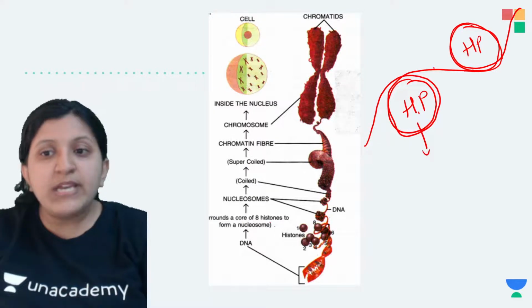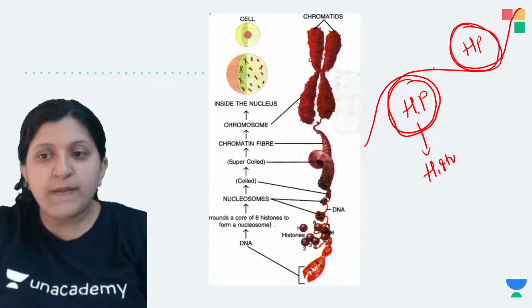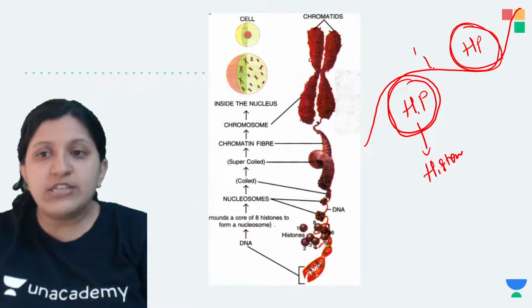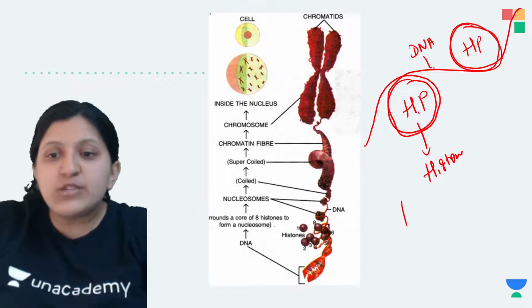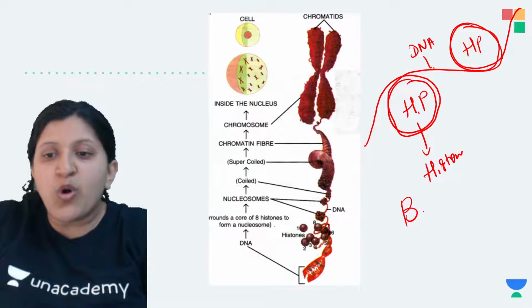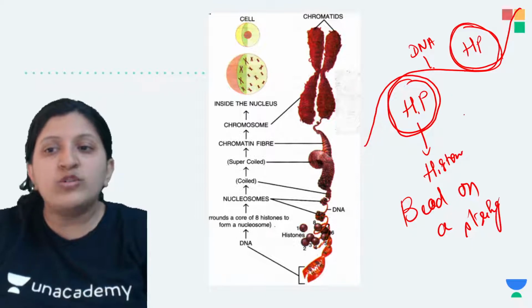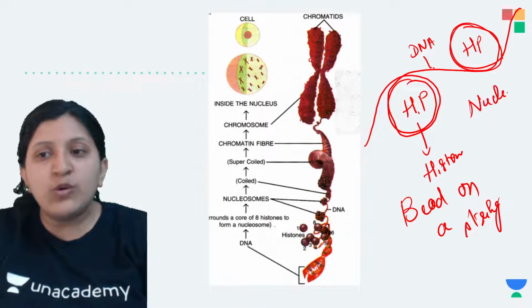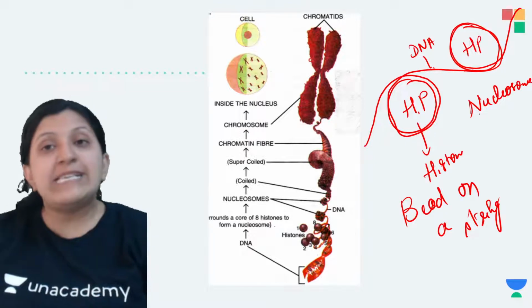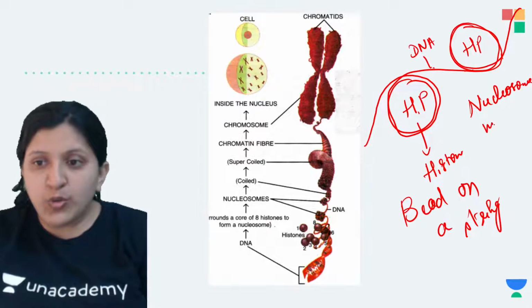This bead is actually the histone, and this one is the DNA which is coiled around it, and it is linking. This is also called the bead on a string model, or it can also be called a nucleosome model. In general we can also call them nu bodies. So this is a nucleosome model.